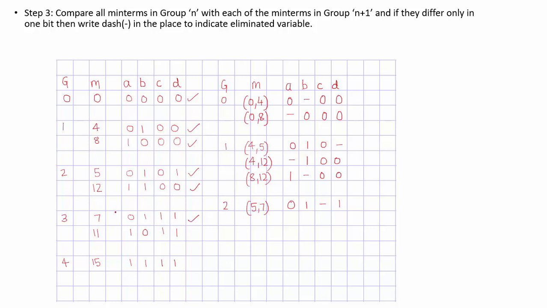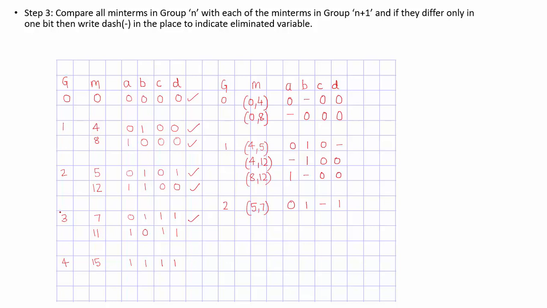So these two differ by more than 1 bit. Next we will compare minterm 12 with minterm 11. C and D is 0, 0 in minterm 12 whereas it is 1, 1 in minterm 11. So these two differ by more than 1 bit. So you're not entering it in this group.